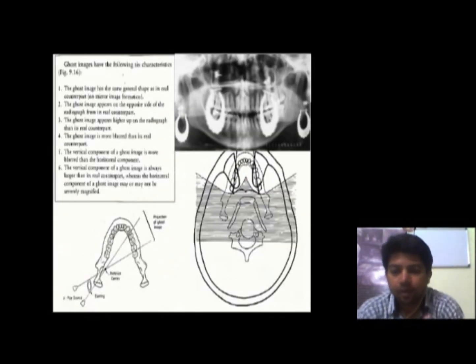Here the important part is you should know the concept of ghost images and why they are formed. If we see here, these are the ghost images of the earrings. This is the zone where the ghost images are formed.